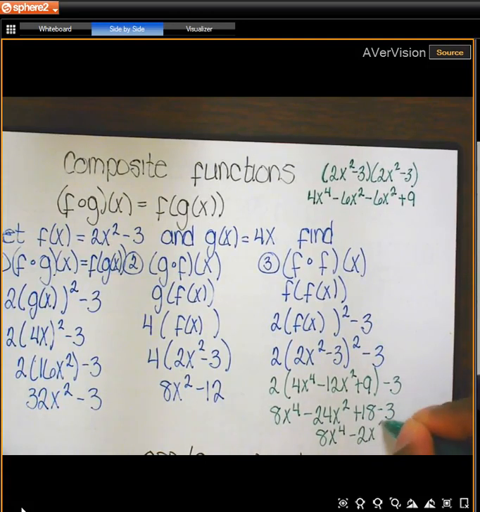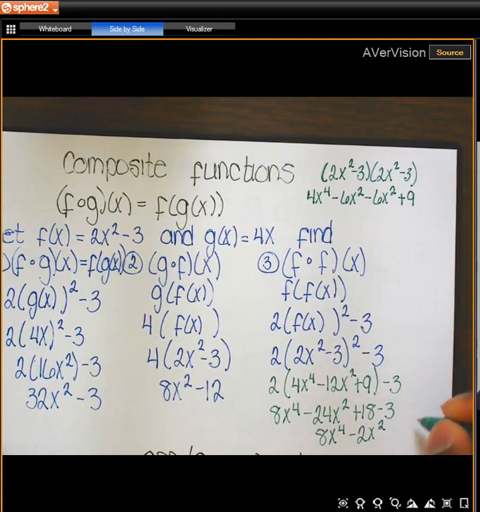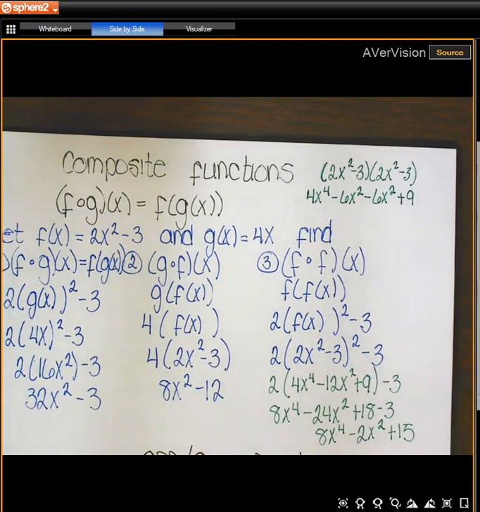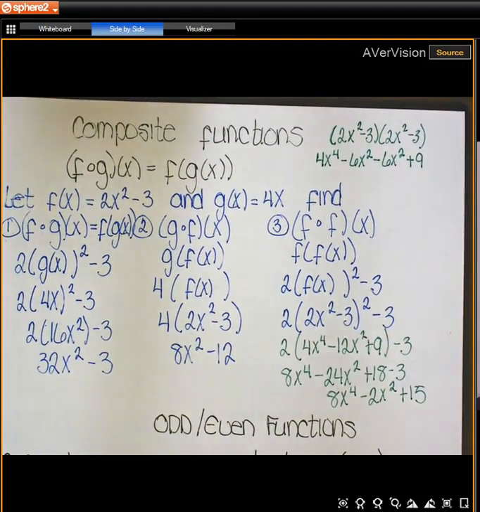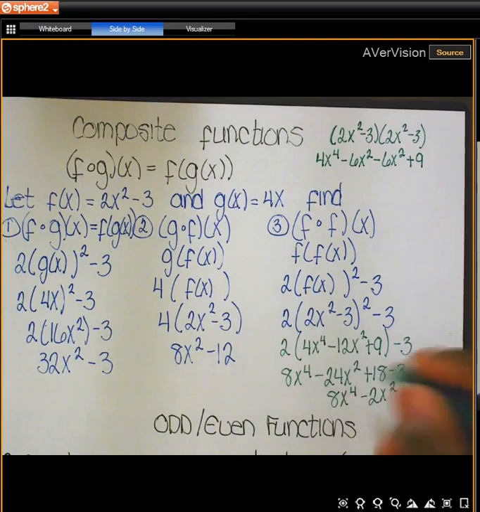The only thing we can combine are the 18 and the negative 3 to get positive 15. Did I? Oh, thanks.